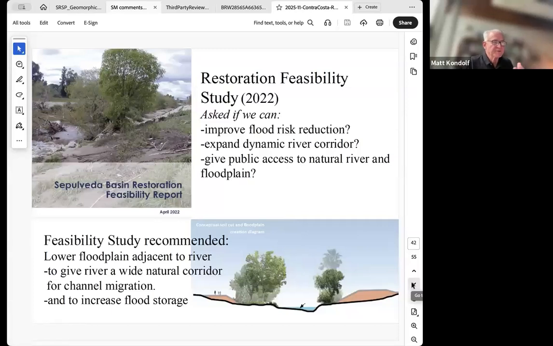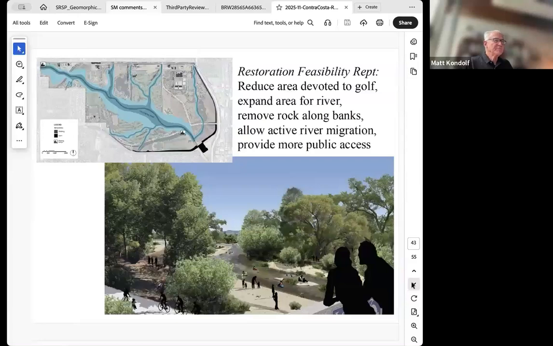So there'd be quite a bit of earth that would be removed to expand this corridor, but in the end, you would increase the flood storage capacity. And the idea is this natural river could then be a point of attraction for the people in this area. It'd be an important parkland that could appeal to many, many different age groups.